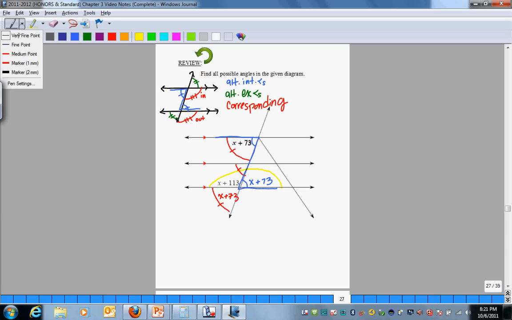So in this case, I can do x plus 113 plus x plus 73 equals 180. We're going to solve.